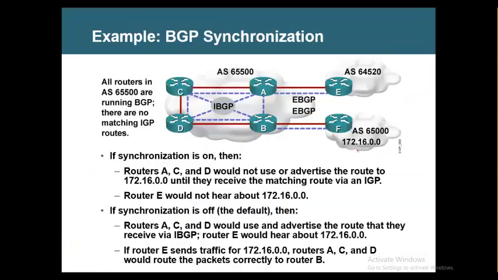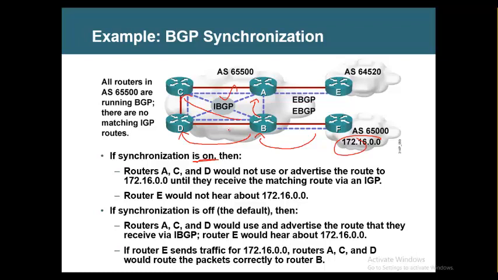See, earlier it was like this. This network is advertised, and it is learned on D as well as C and on A because they all have full mesh IBGP.